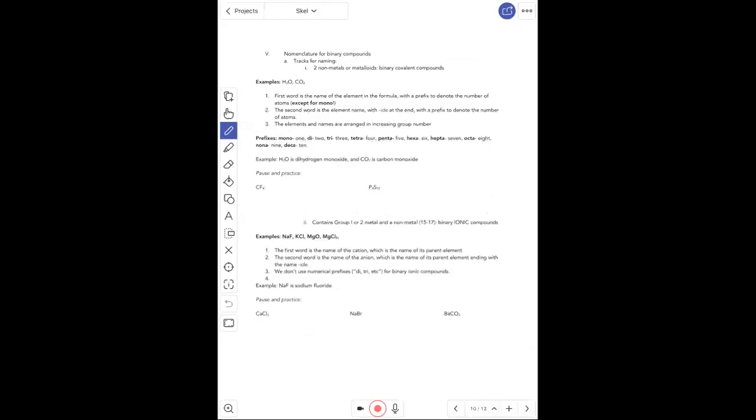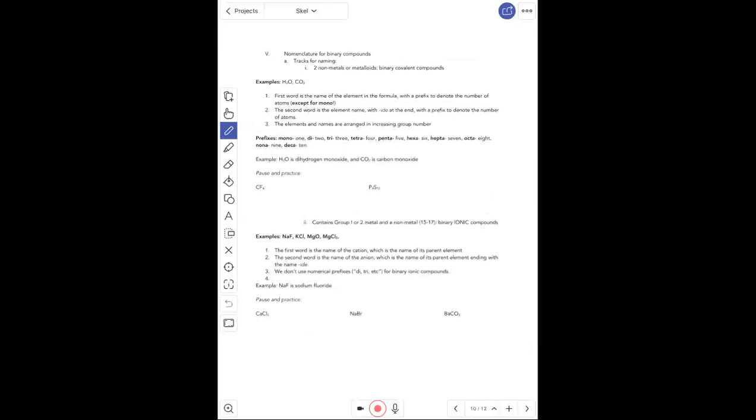So for instance, H2O is dihydrogen monoxide, and CO2 is carbon dioxide. Note, you only use the mono- prefix, or the single one atom prefix, if the second element in the sequence has a 1. The 1 on the first element, if applicable, is implied.